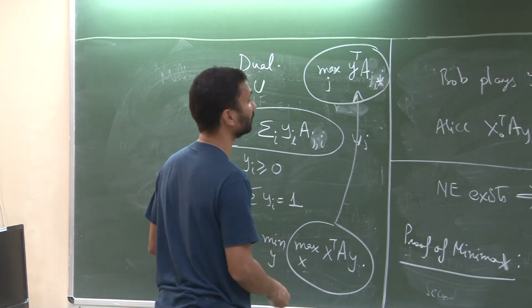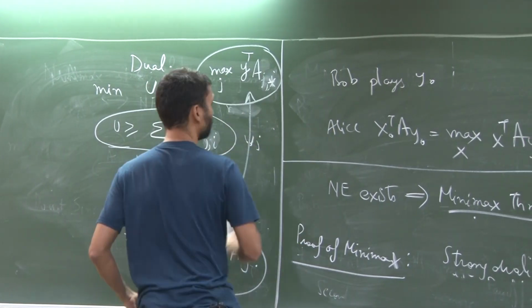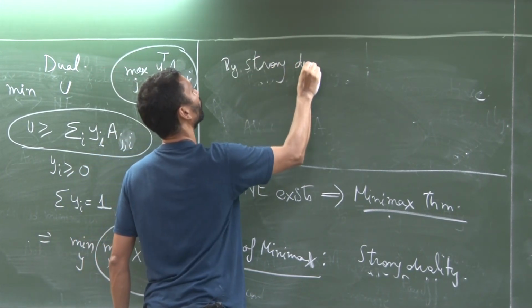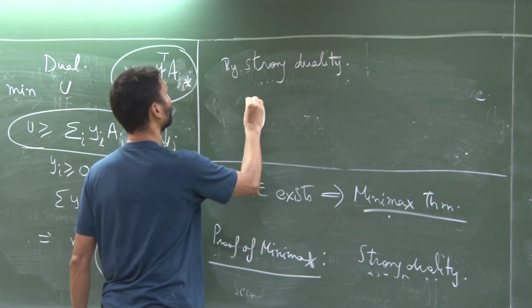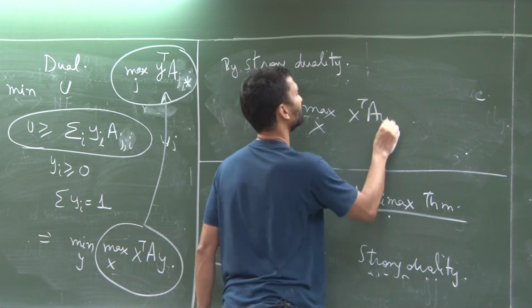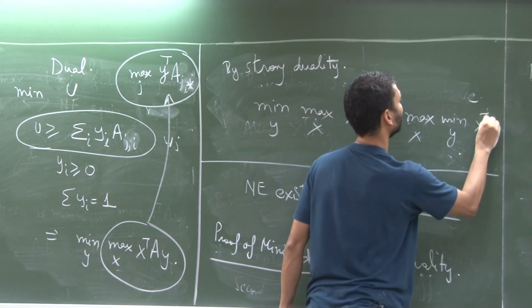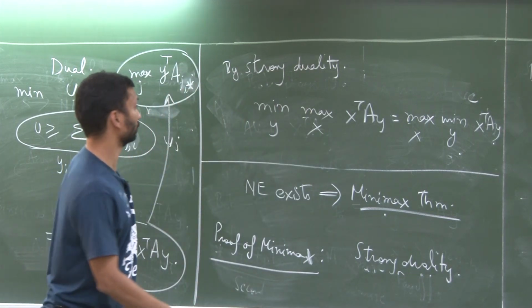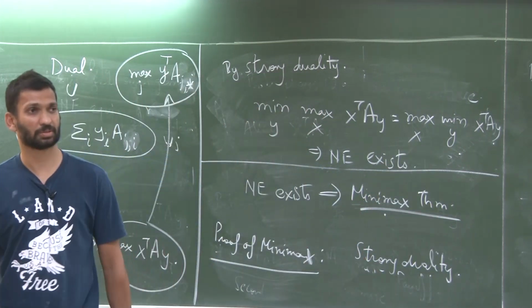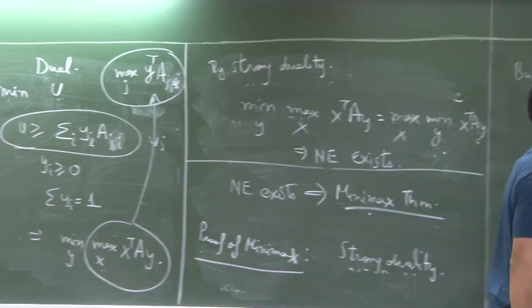Okay. So yes. So then, by strong duality, for a two-player zero-sum game, this maximin is equal to minimax.